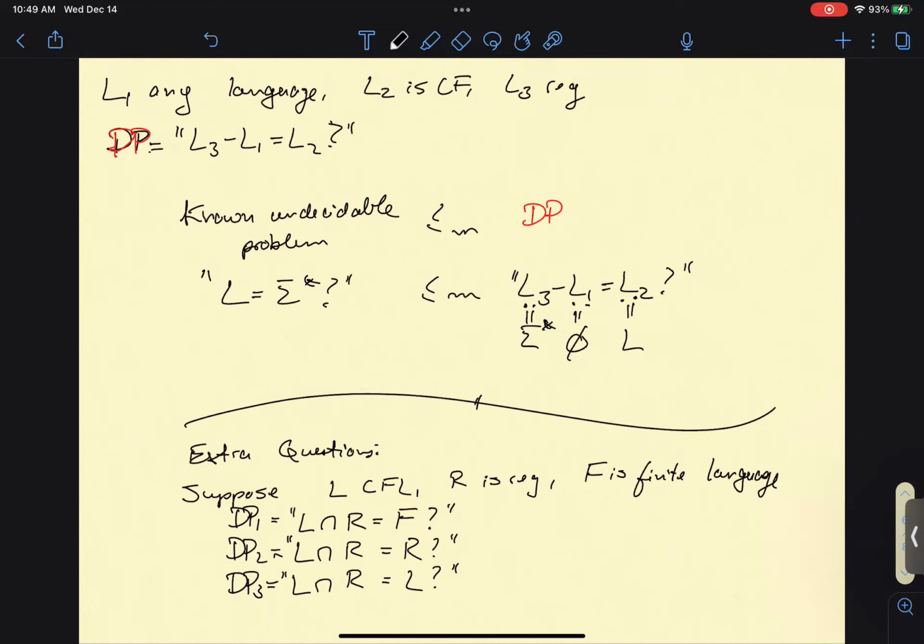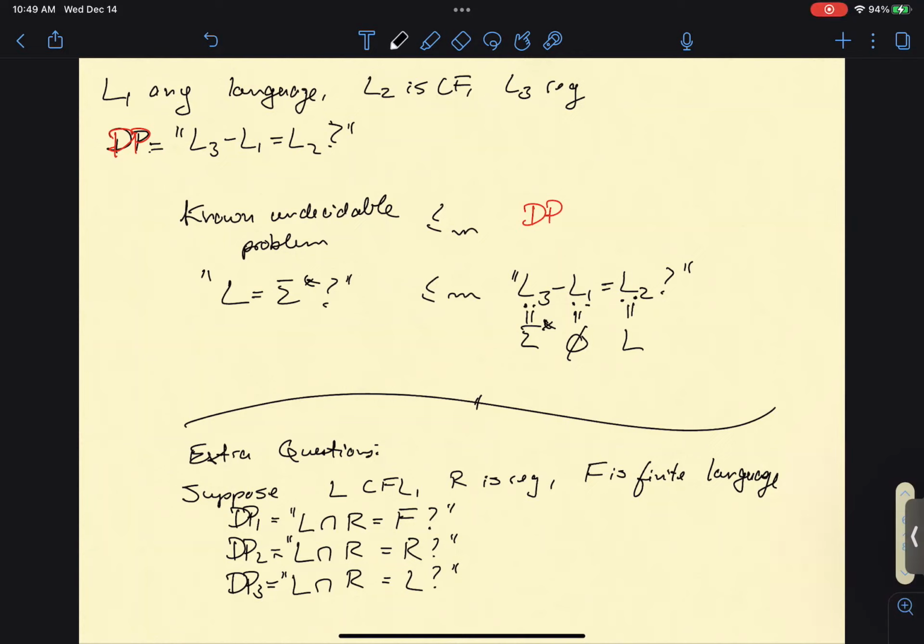Because suppose L2 was in trouble. No, don't solve it. But if you have a question, you're asking if it's co-semidecidable.